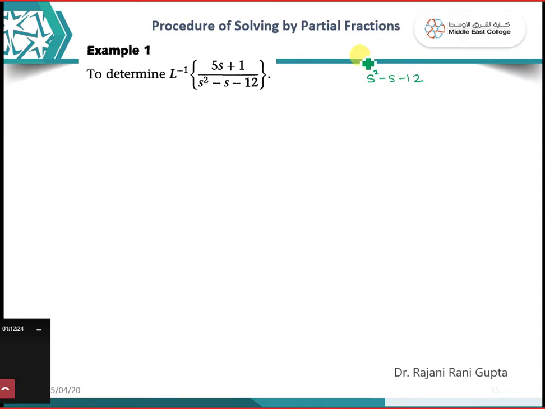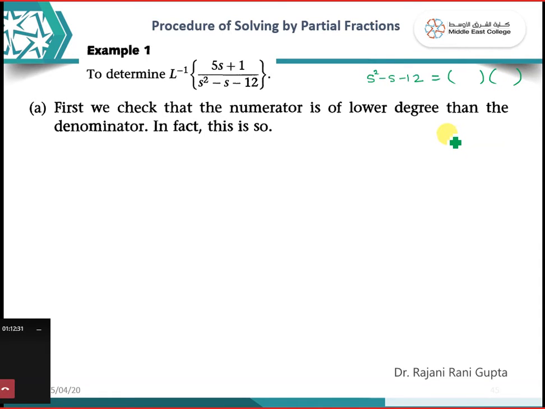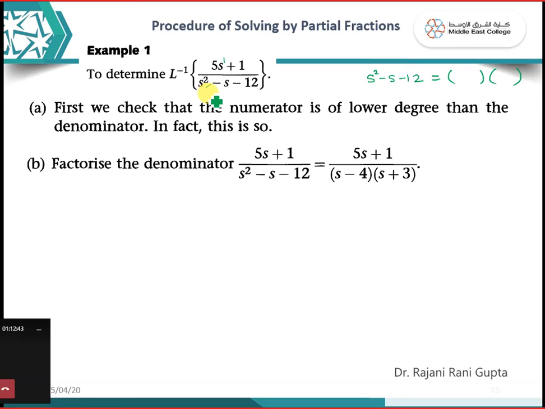So we factorize it first into two brackets. First we check that the degree of the numerator is lower than the degree of the denominator. Yes, here the maximum power of s is 1, here it is 2, so it is fine. Then we make the factors.